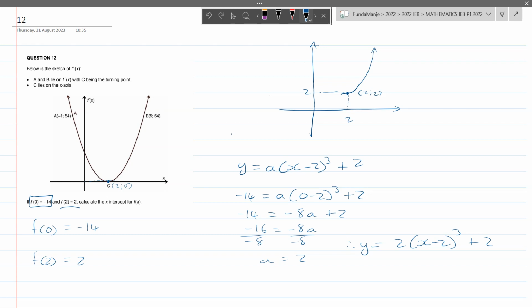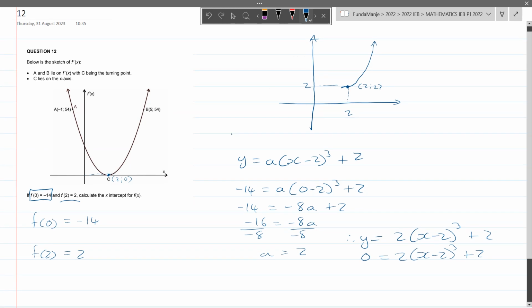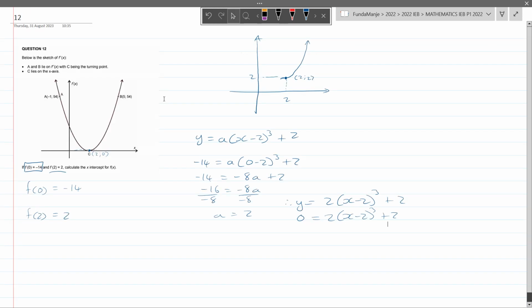So we put in a y value of 0, because that's where we get our x-intercept, and we have this. Take 2 to the other side. So let me just zoom out a bit. Take 2 to the other side, get minus 2 equals 2 times x minus 2, cubed.